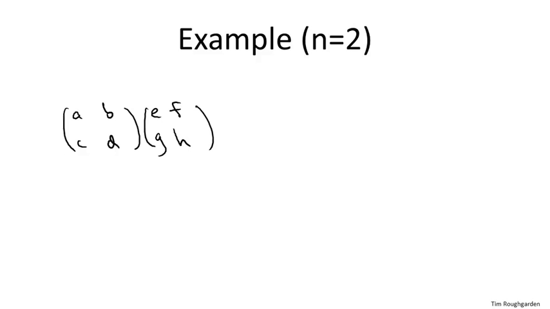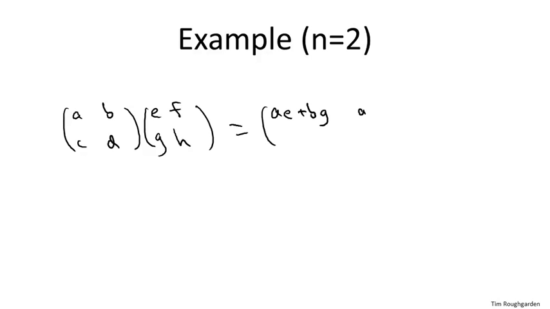Again, it's going to be a 2 by 2 matrix where each entry is just the corresponding dot product of the relevant row of the first matrix and column of the second matrix. So to get the upper left entry, we take the dot product of the upper row of the first matrix and the left column of the second matrix. So that results in AE plus BG.